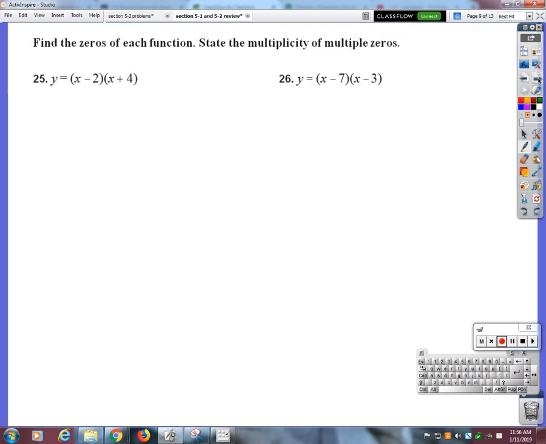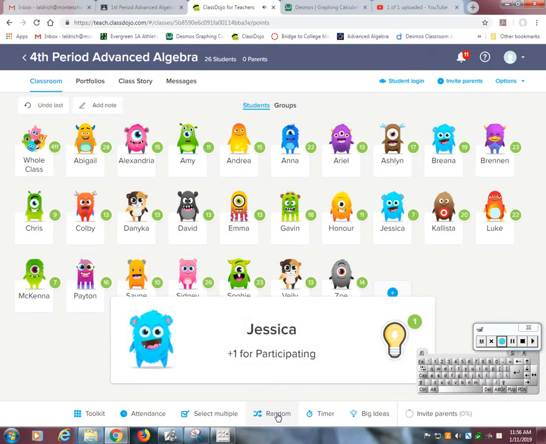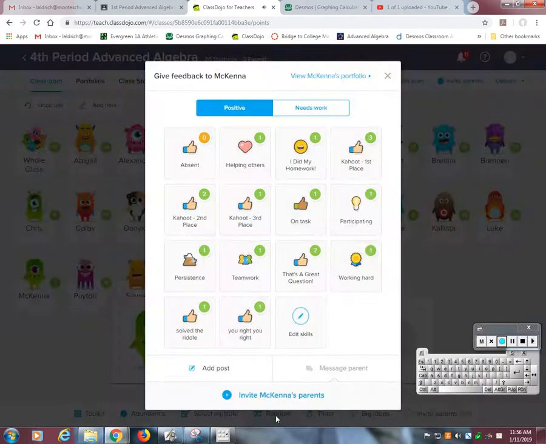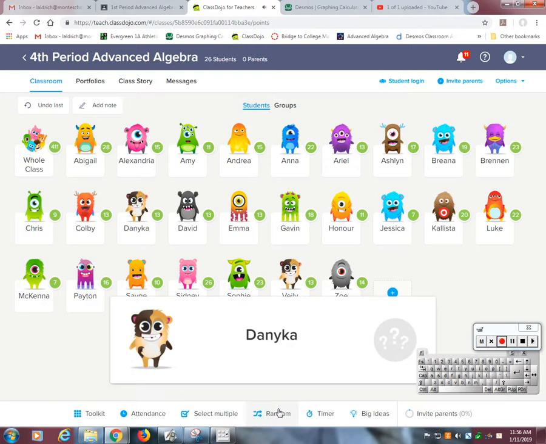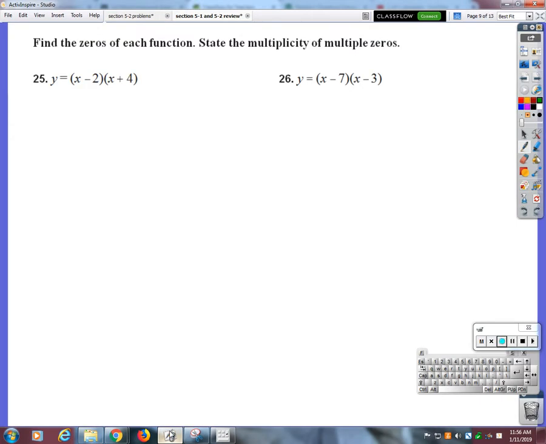Oh man, you got a lot of those. All right, we are almost there. Okay, so now it's written in factored form already, and we need to find the zeros. So I know that was kind of funny, huh? We started out with Peyton and Abby, and then we got McKenna and Sydney.